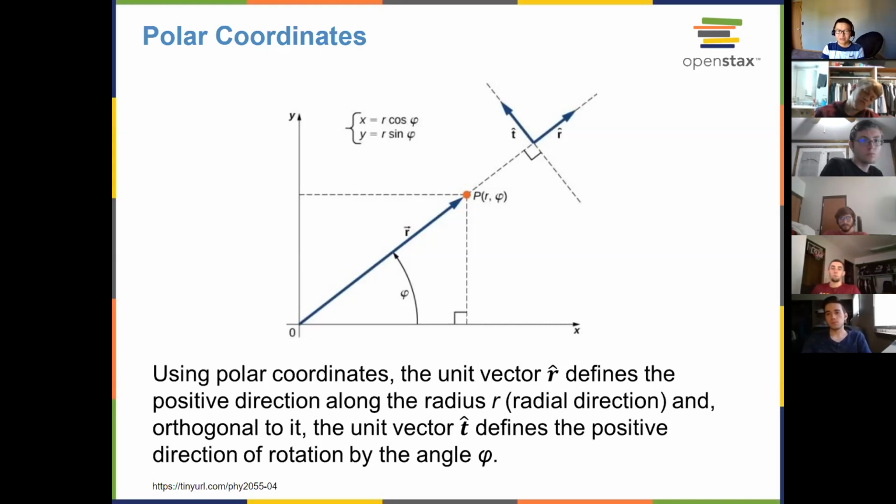If you are given the polar coordinates, that means you are given the magnitude of the vector and its directional angle. Although it's given in a slightly different notation, r should be the magnitude and phi should be the directional angle. So in that case, you can figure out its x and y components, or the xy coordinates.